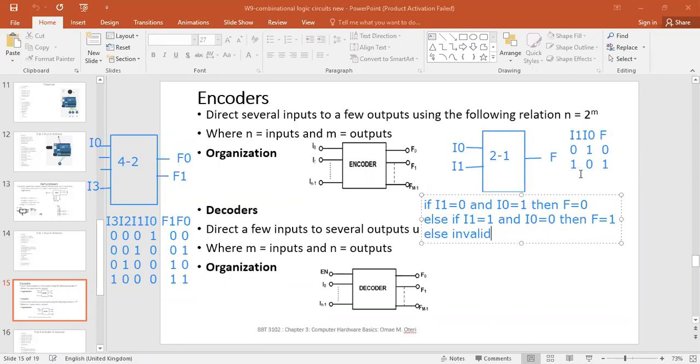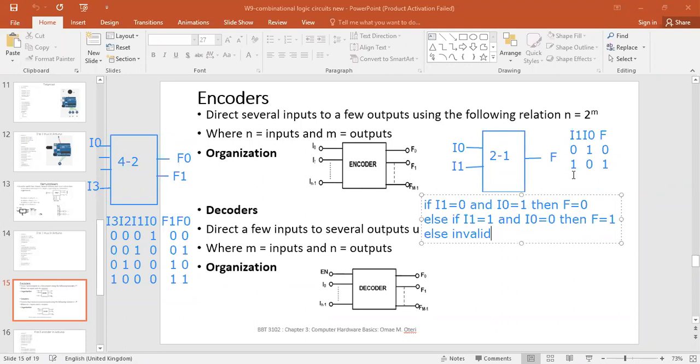In fact, there are cases where you might get 2 inputs active, because if somebody presses keys, a keyboard is a very good encoder. If you press 2 keys at the same time, what usually happens? Sometimes we use what we call a priority encoder.